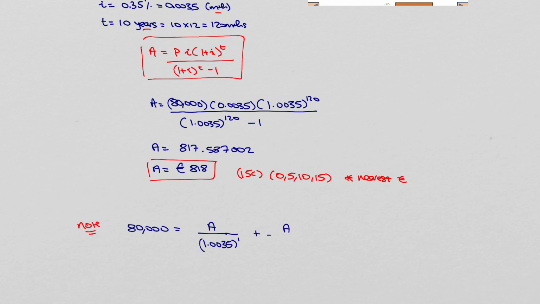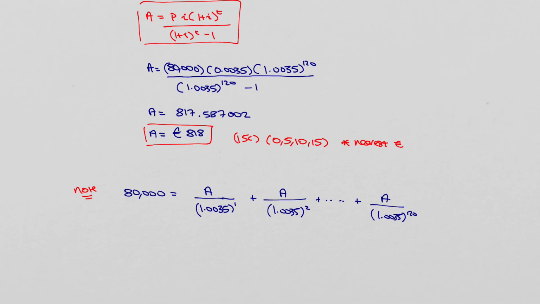The second one would have been discounted back 2 months, all the way down to the last repayment, which would have to be discounted back 120 months. And then we would set that up as a geometric sum. And we would solve by getting our sum to n terms.